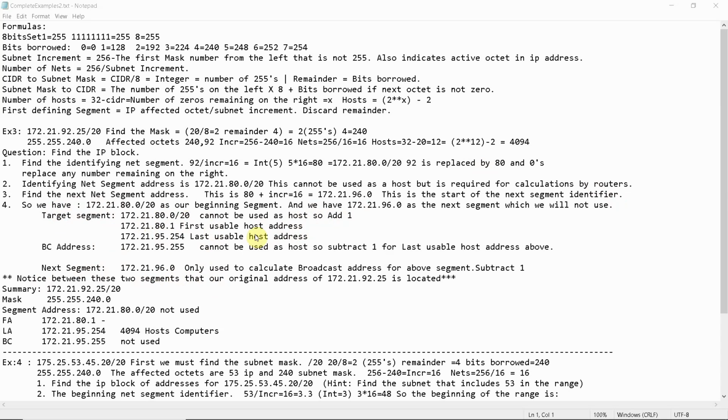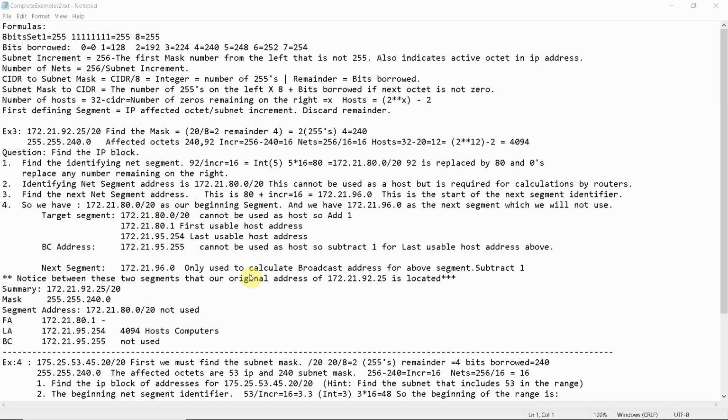Now to find our first usable host address, we just add 1 to this. 80.1. To find the last, like I said, I always like to go to the next segment, which we just identified. So our target segment is here. Our first range is between this and this.